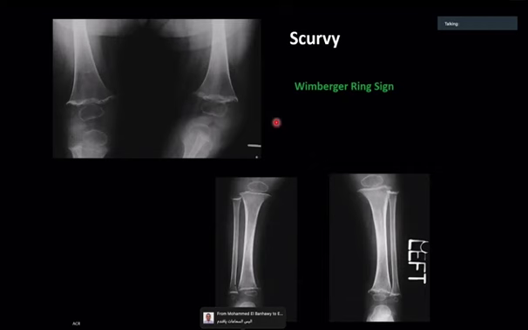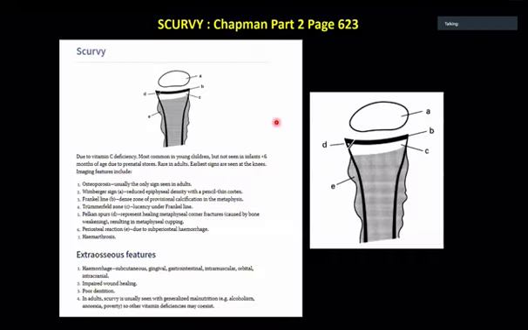And this is from your book, which tells you various kinds of stigmata or various kinds of signs. Wimberger sign, reduced epiphyseal density with pencil-thin cortices. And there are other signs also, which I'm not going into details.